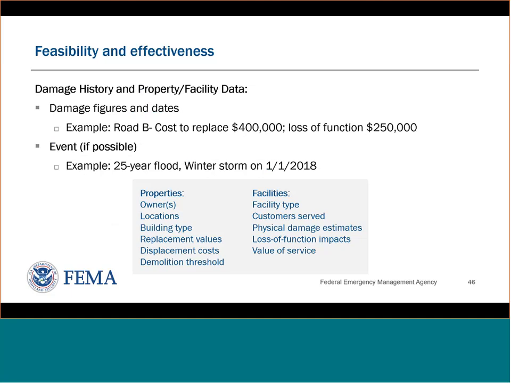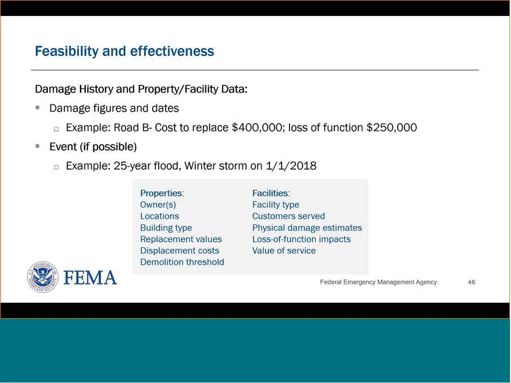We look at the various hazard events, and you'll need to identify specific hazard events for the most part if you're using the benefit cost analysis tool. We need recurrence intervals on various storm events, for example, a 25-year flood or a winter storm that you're considering in this project as a major factor while you're making the application.